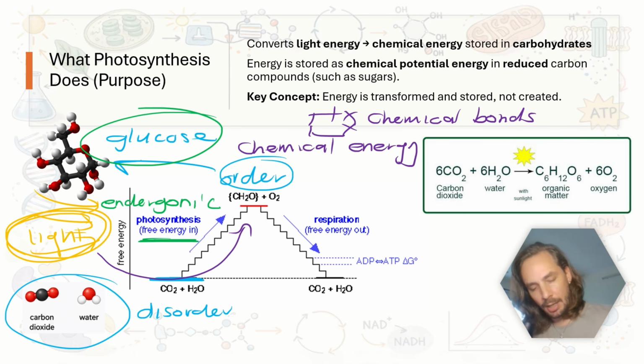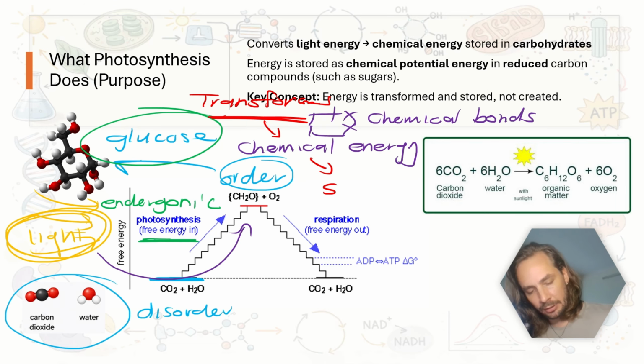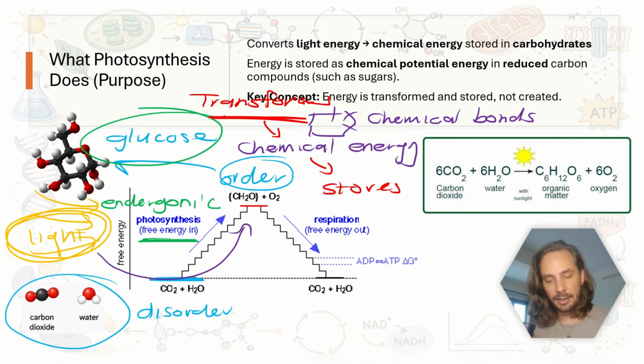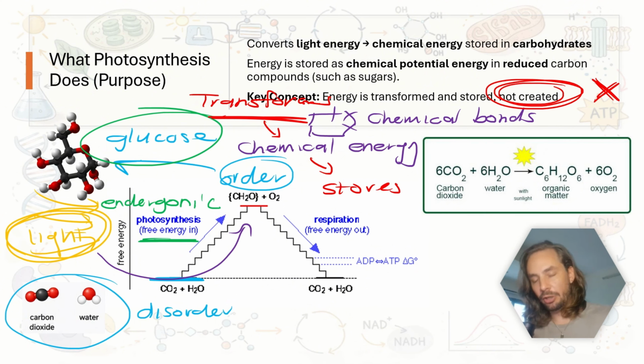It's very important to understand it transforms the energy into chemical energy and then stores that energy as different organic matter. But energy is not created. We don't create the energy. The energy is just transformed from light energy to chemical energy.